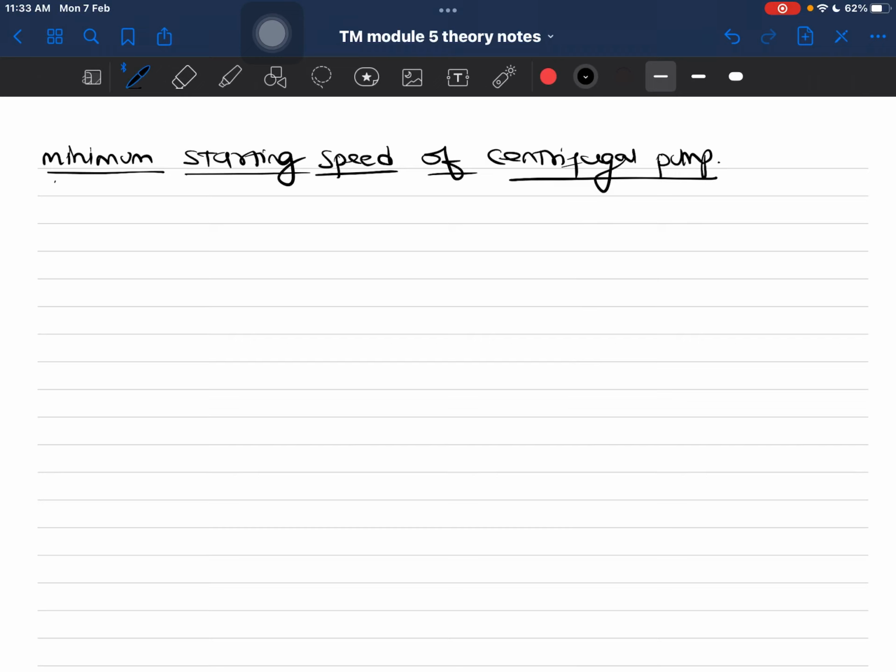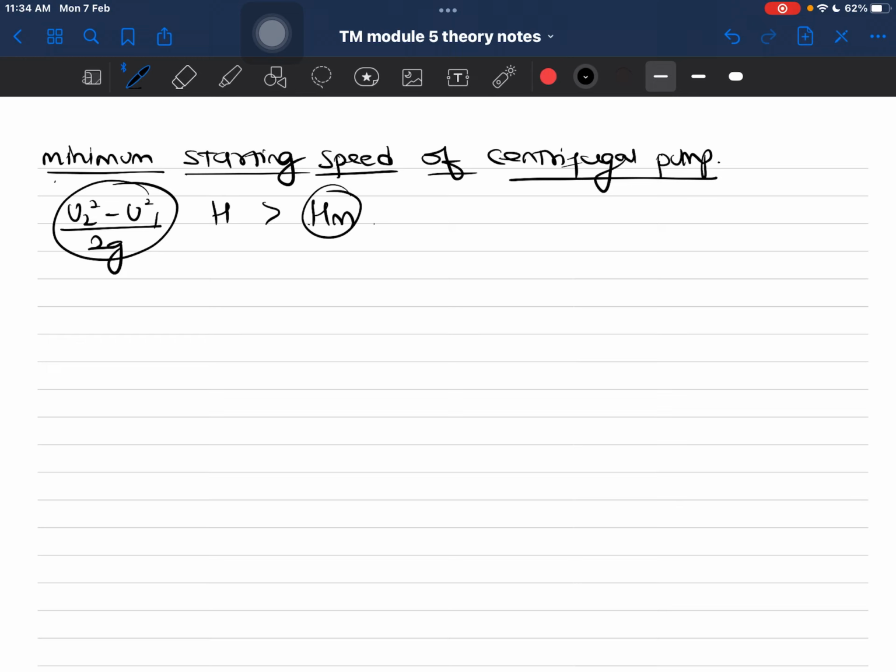So first let us understand, in order to have a complete working of a centrifugal pump, the suction line and the entire casing must be filled with a fluid or water. If it is not, then the flow of the fluid will not occur. And also, the head produced by the pump must be greater than the manometric head of the pump.